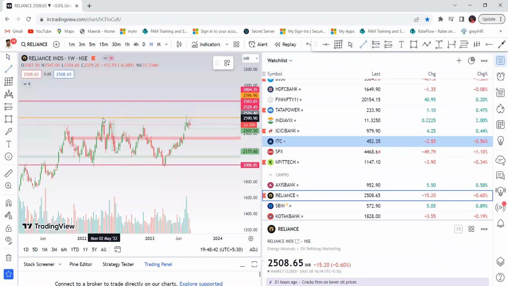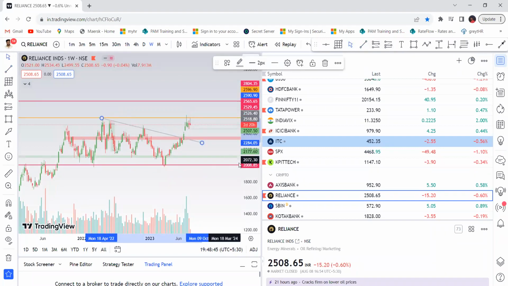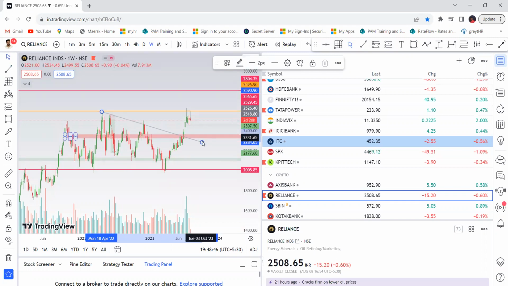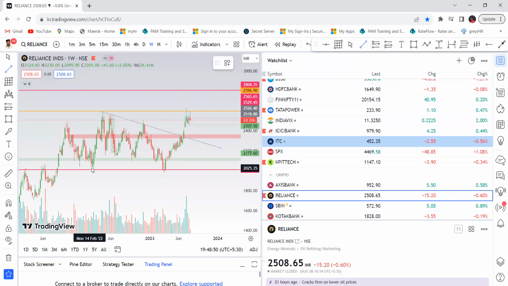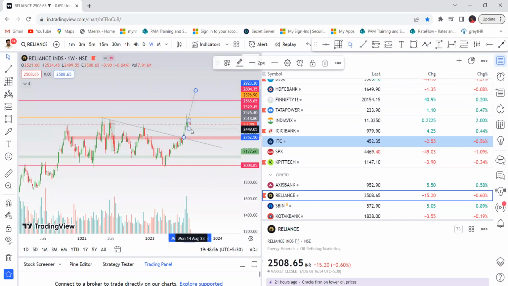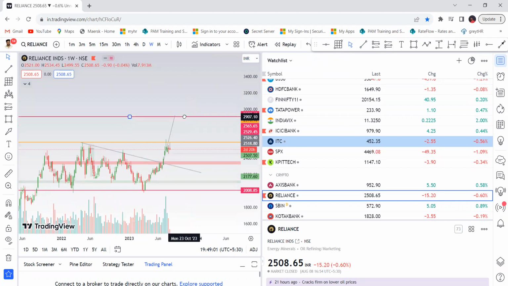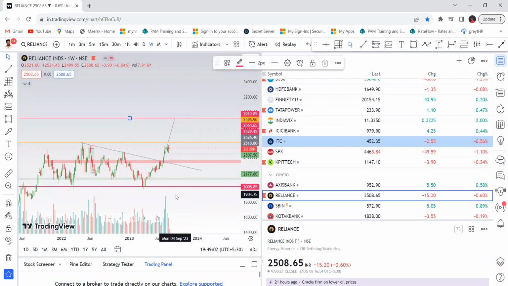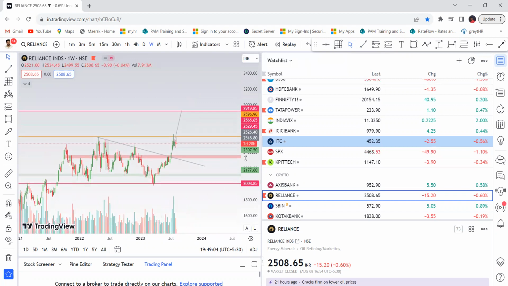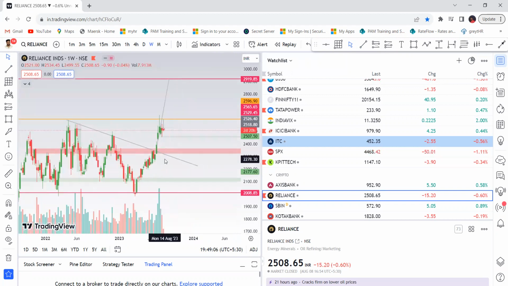See in the weekly chart, I can see a triangle pattern, and it has given the breakout of the triangle pattern. And I measured this length. So Reliance is moving in an uptrend in the weekly chart. The projected target for Reliance is 2,900. So simple analysis, nothing much we can do.